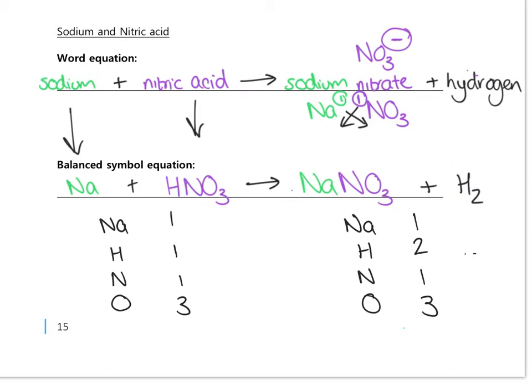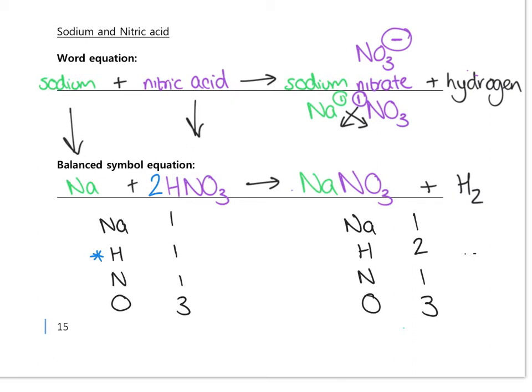Okay, remember I can only balance the equation by putting big numbers in front of the whole formula. So if you need to put your boxes in front to remind you of that, please do. But let's have a look at how we balance this. Well, we can see the only element that's not balanced is hydrogen. How do I get 2 hydrogens on the left? The only thing I can do is put a 2 in front of that whole formula. I cannot add a 2 in the middle of the formula to get an extra hydrogen.